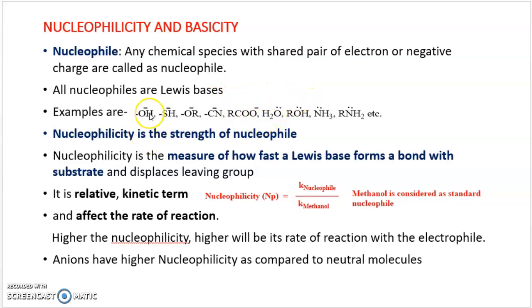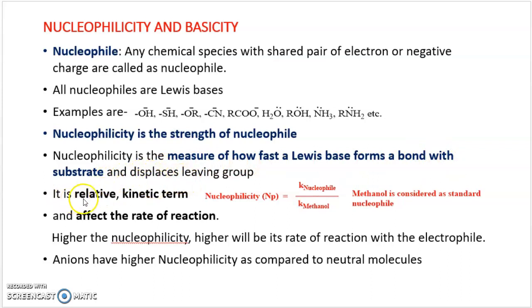So we can say that the nucleophilicity of OH minus is greater than that of H2O. We can compare the relative strength of two nucleophiles using this concept. Understand? Nucleophilicity is the measure of how fast a Lewis base forms a bond with a substrate and displaces the leaving group.